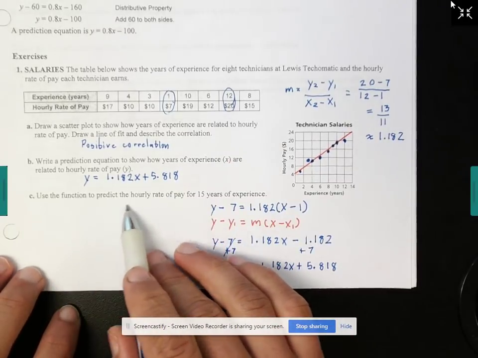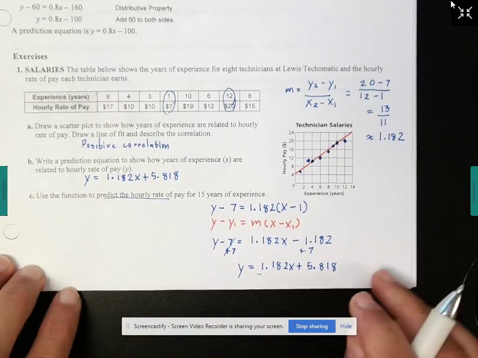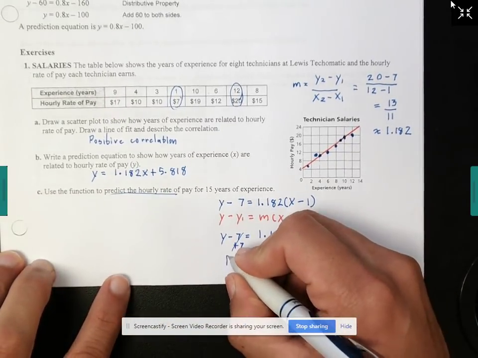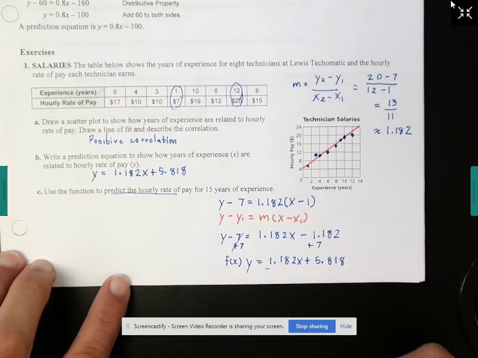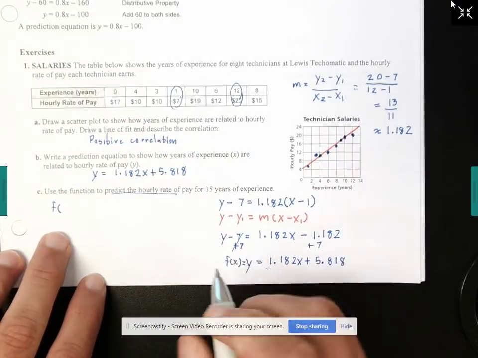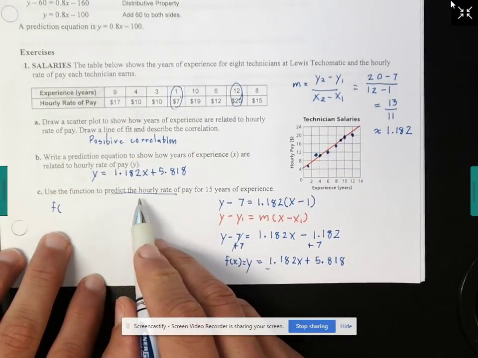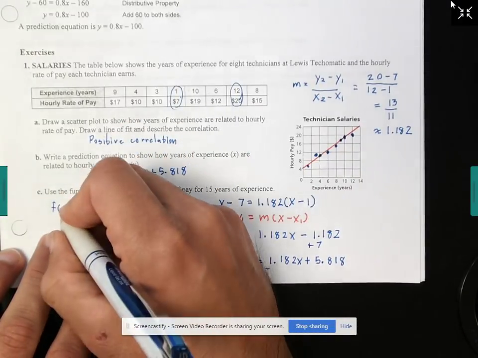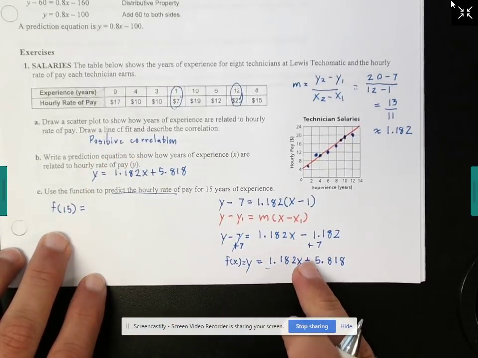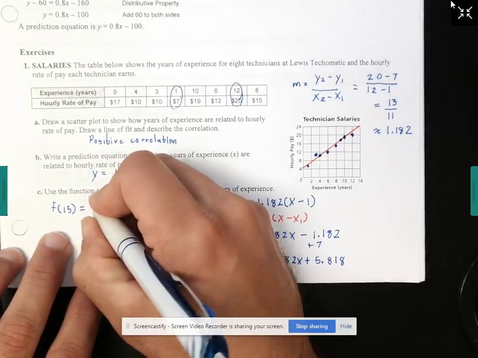It says use this function to predict the hourly rate. All right. So I'm going to use this function. Remember, this is function f of x. So this is f of x. I can write that again like that. So I want to predict what the hourly rate is going to be if you have 15. So all I have to do after I come up with the equation, which should be the hard part, is to plug that in.